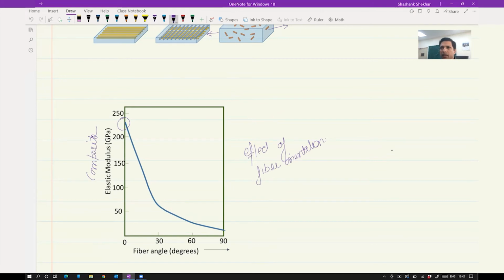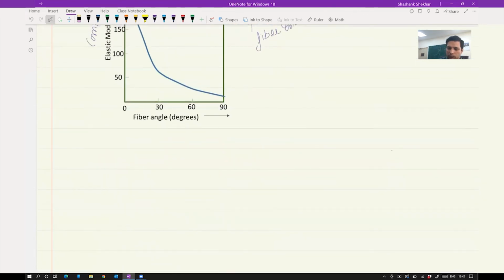Particulates of metals and ceramics can also be used as reinforcing phase. For example, you may have heard of cermets. Cermets comes from ceramics and metals.